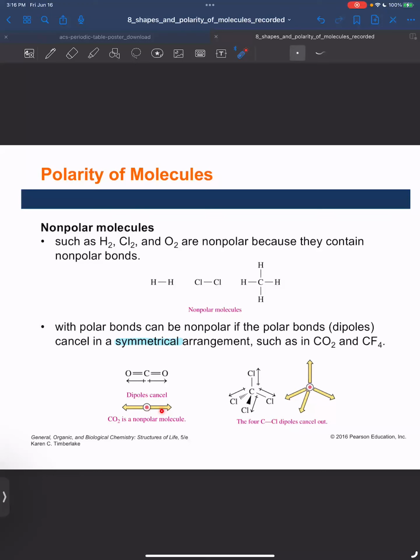And because they cancel each other out, it's considered a nonpolar molecule overall. Carbon tetrachloride, same thing. These individual bonds are considered polar covalent, but because they're in this symmetrical tetrahedral geometry, they cancel out, and therefore this molecule is considered nonpolar overall.